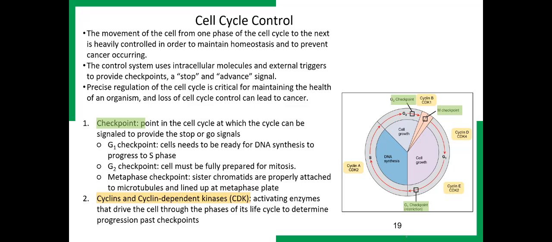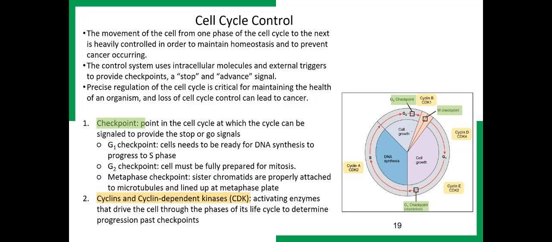Another thing that I wanted to mention in terms of the cell cycle is, how does a cell know when to go to the next phase? And how does the cell know whether it's good enough at that phase? And so what you have are these checkpoints and these enzymes, right?